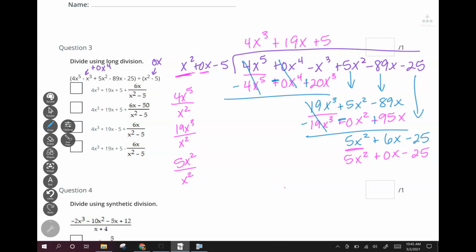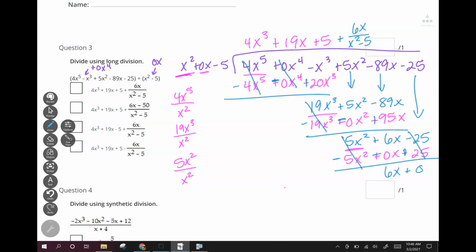Now don't forget to change your signs here. Minus becomes a plus. 5's cancel, 6 minus 0 is 6x. And then negative 25 plus 25 is 0. So your remainder is actually just 6x. So you're going to put plus 6x divided by your divisor, which was x squared minus 5.